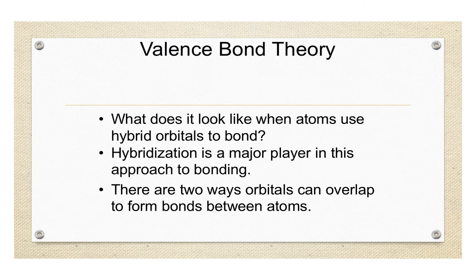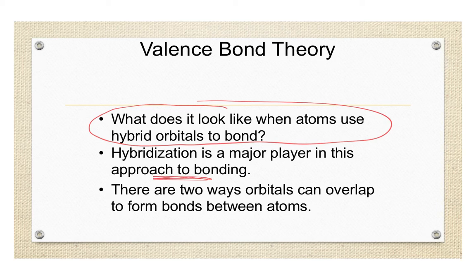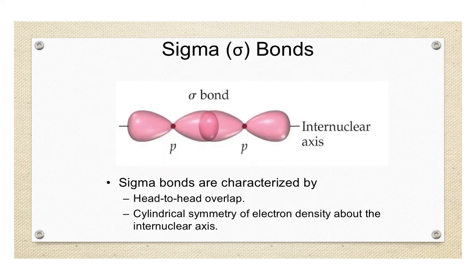Right? So what does it look like when atoms use hybrid orbitals to bond? Because hybridization is a major player in an approach to bonding, the valence bond theory, and there are 2 ways that orbitals can overlap to form bonds between atoms. One of them we've already talked about, and those are sigma bonds. Sigma bonds are when we have head-to-head overlap, just like that.